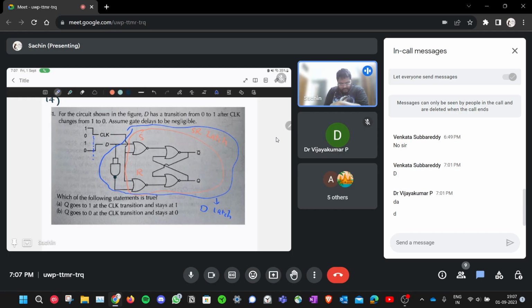At that time D is 0, so your output Q will be at 0, right? And then clock will go low.